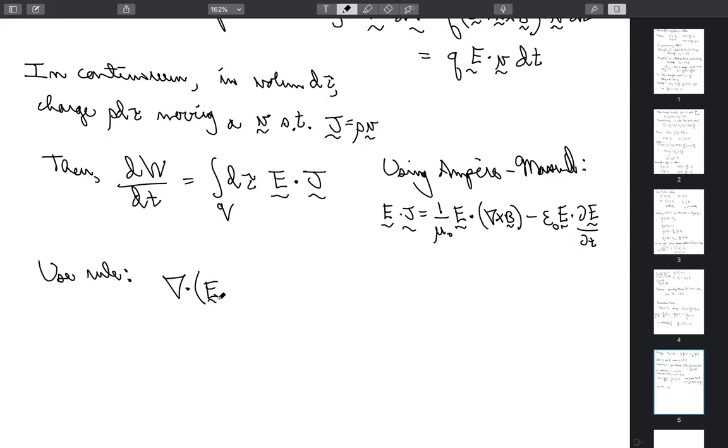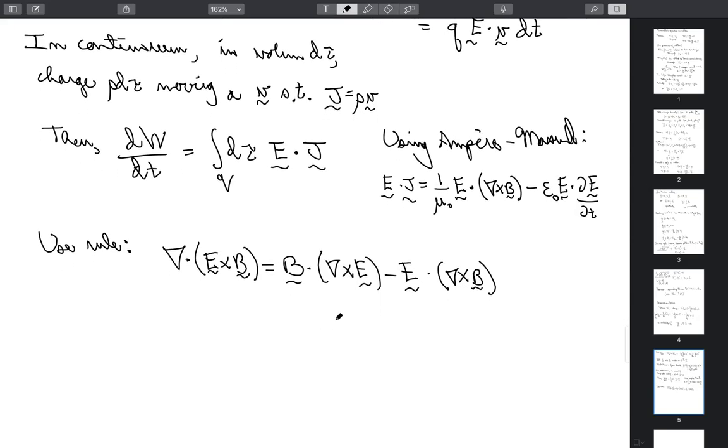I've got the divergence of E cross B. That's going to be B dotted into the curl of E, and then just the converse, E dotted into the curl of B. Now, Faraday tells us that the curl of E that I have here is just equal to minus dB dt.